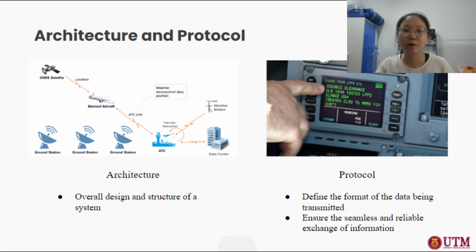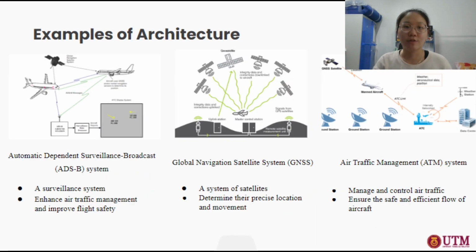There are some common architectures and protocols used for CNS. For architecture, the Automatic Dependent Surveillance-Broadcast (ADS-B) system, the Global Navigation Satellite System (GNSS), and the Air Traffic Management (ATM) system are some commonly used architectures in CNS.